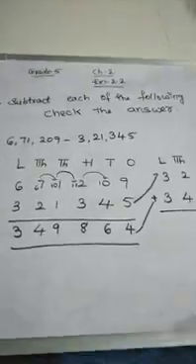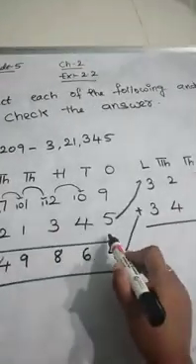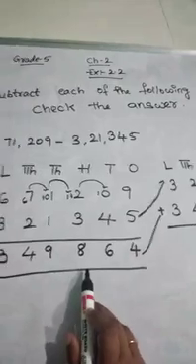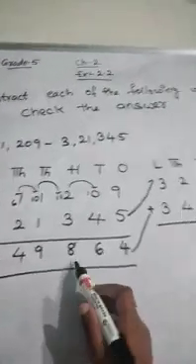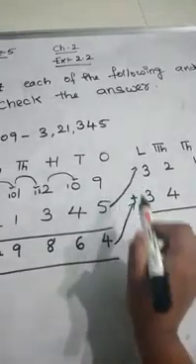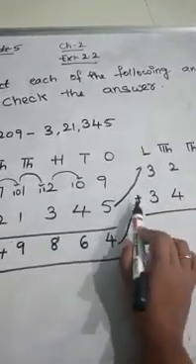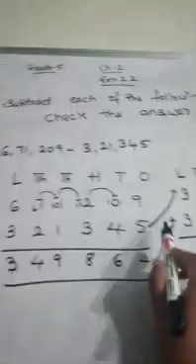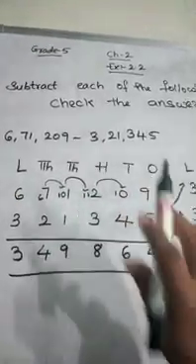We are doing plus. So we take the subtrahend and then the result we got after subtracting, and we add both. After adding, when we get this result, we can say that our subtraction is correct.